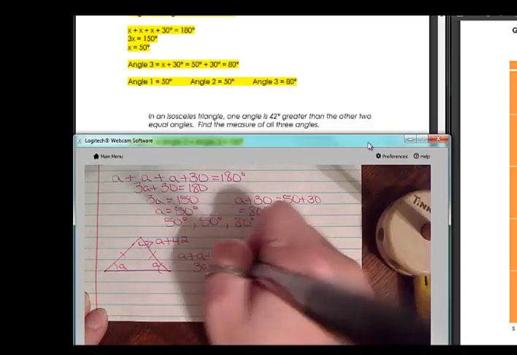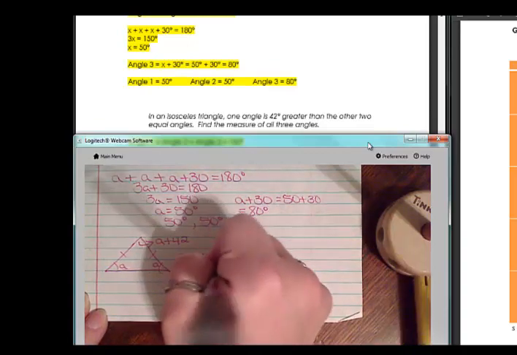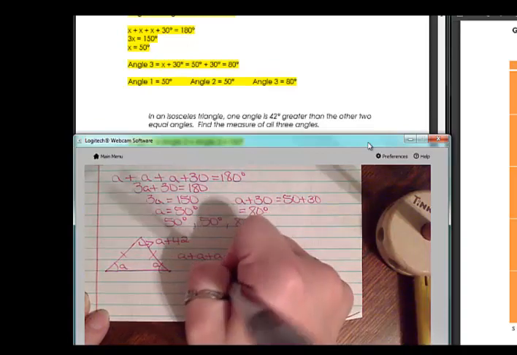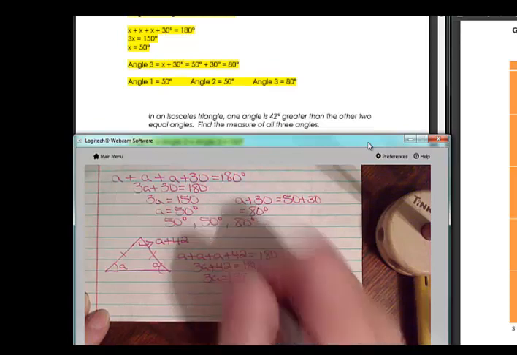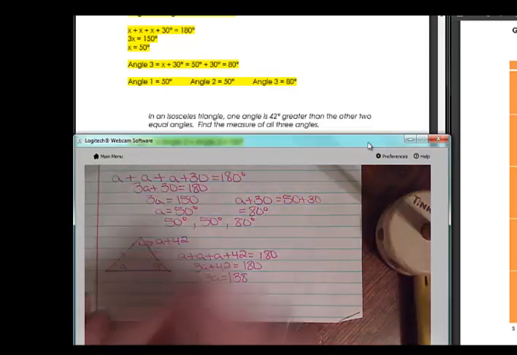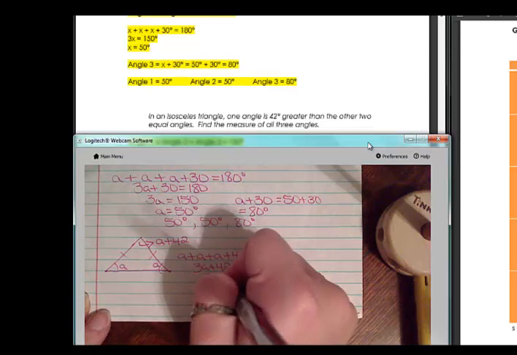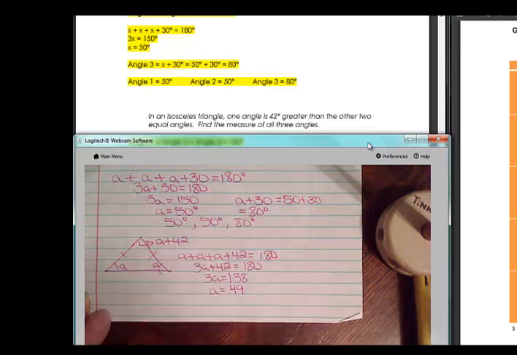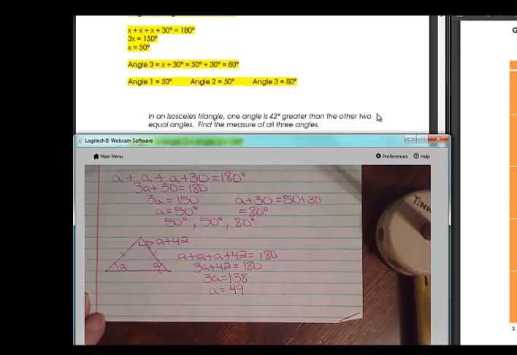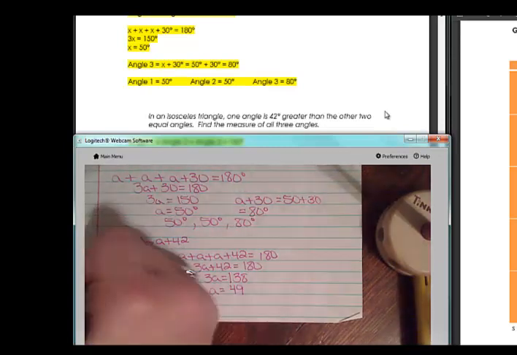3A equals 138. If we divide by 3, we get 49. So angle A should be 49, which means there's two of them that are going to be that way. And then we have A plus 42 as our third angle.